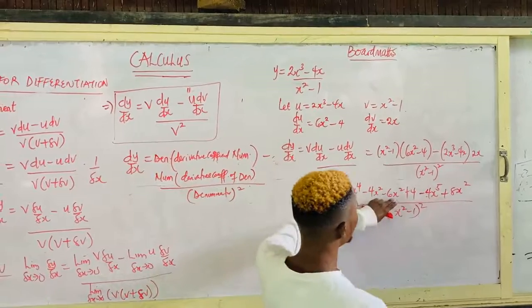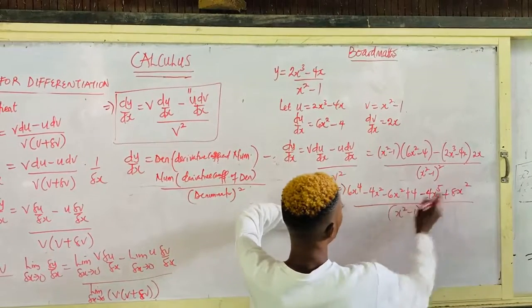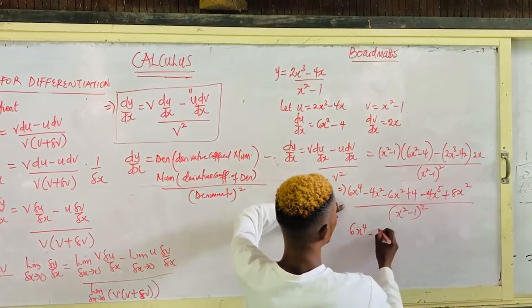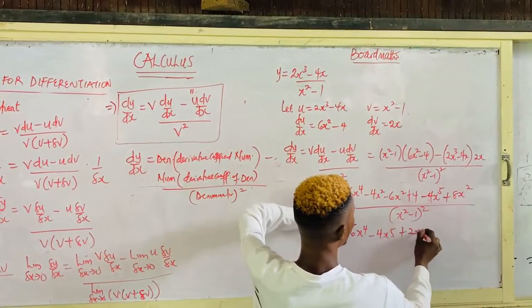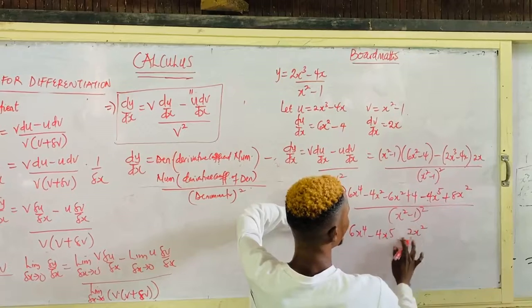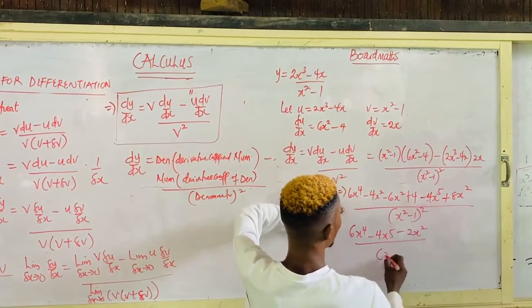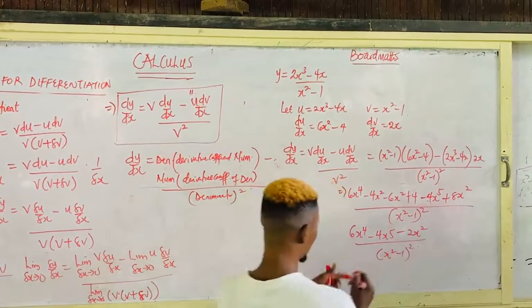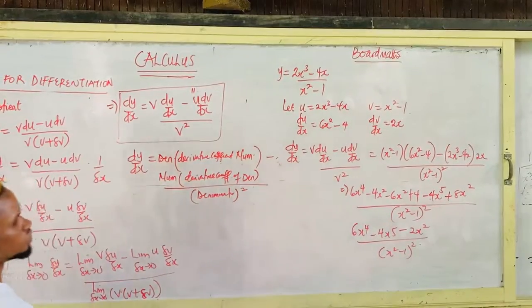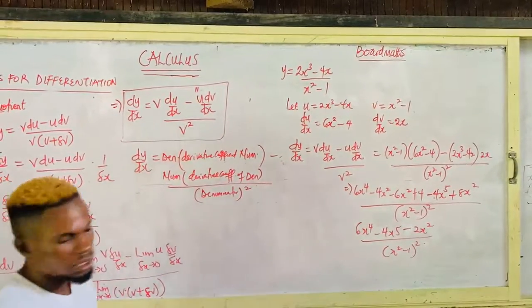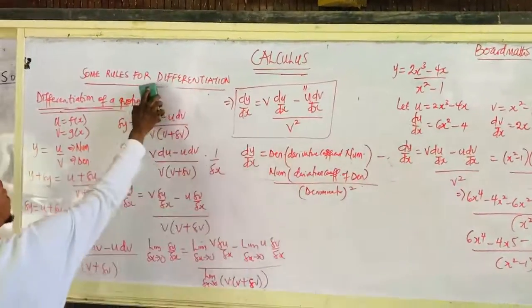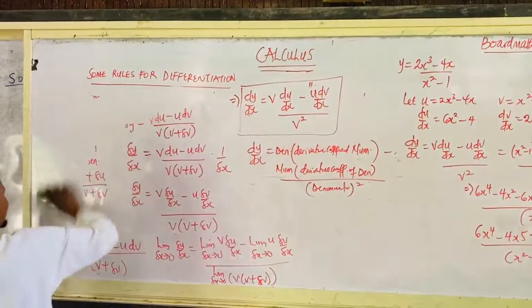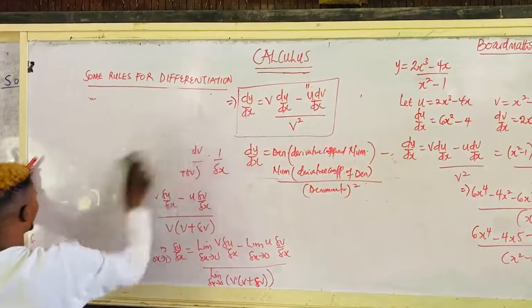So this gives 6x raised to 4 minus 4x raised to 5, minus 10 plus 2x minus 10 plus 8, that's minus 2x squared, over x squared minus 1 all squared. So that's using the quotient rule method.